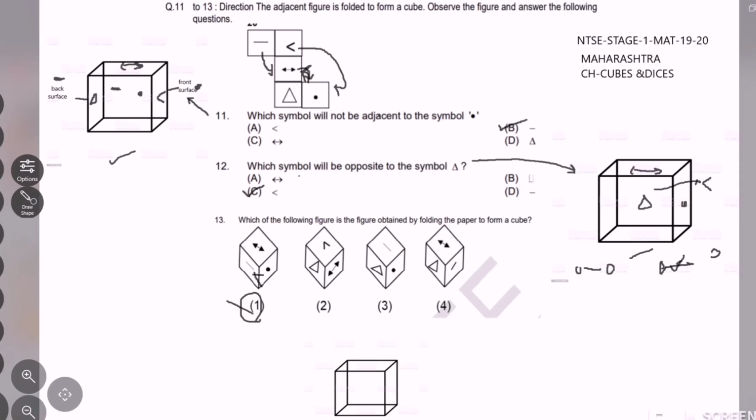Hence this option is wrong. Let's look at option 2. We'll look at the arrow again. We can see that the triangle is adjacent to the arrow, and the lesser than sign is also adjacent to the arrow. But these both are opposites. Hence they will not be adjacent to each other, and therefore this option is wrong too.